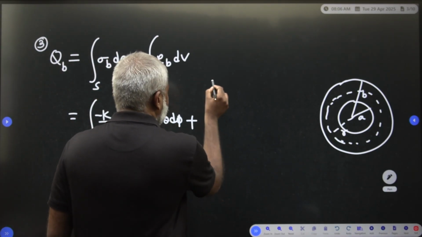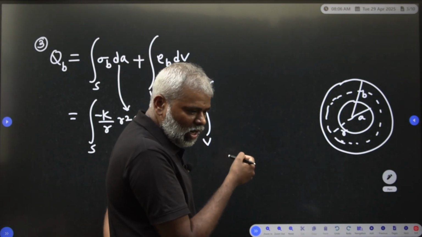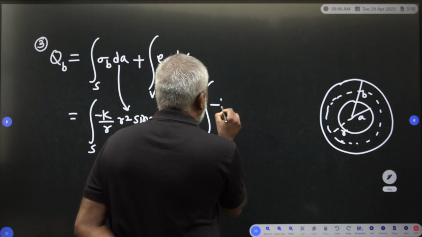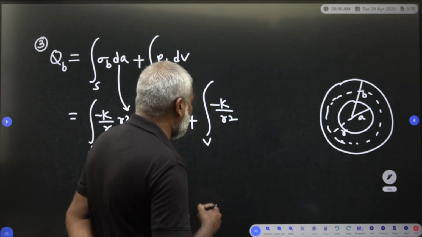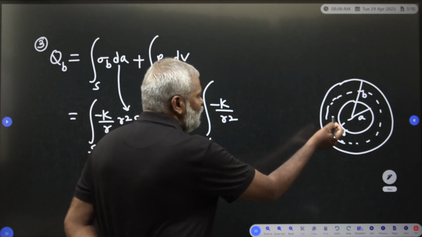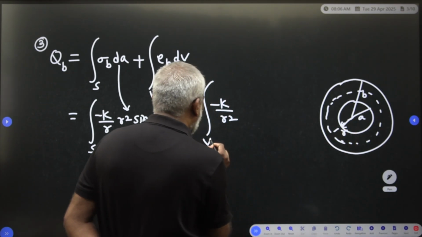Now you have to write the volume integral. Rho b is what we already calculated, minus k by r square. Your limits are a to r that you have to consider.